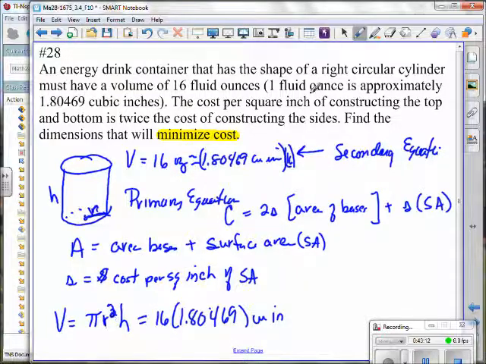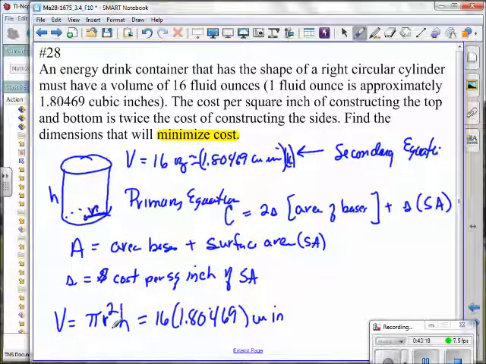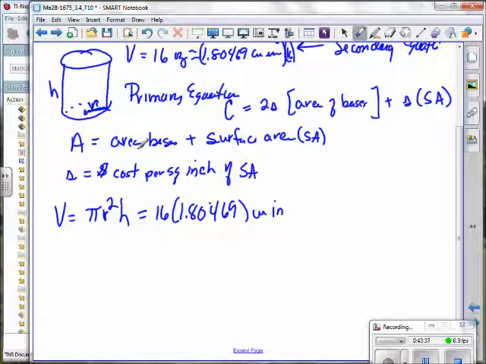Now how many variables do I have so far? I've got 2. What do we have to do here? Find a way to put it down to 1 variable. Okay. Now this is the volume. We need to find the area of the bases.